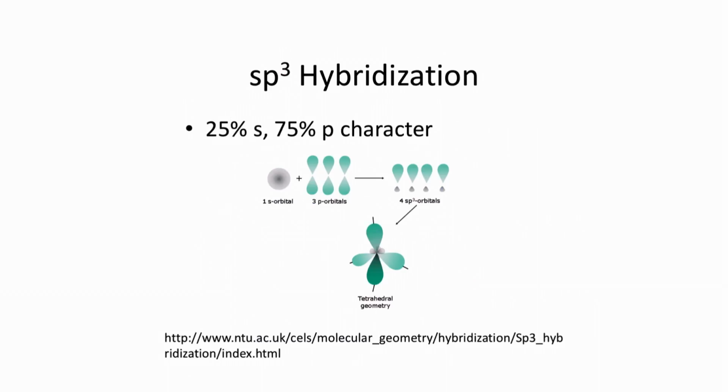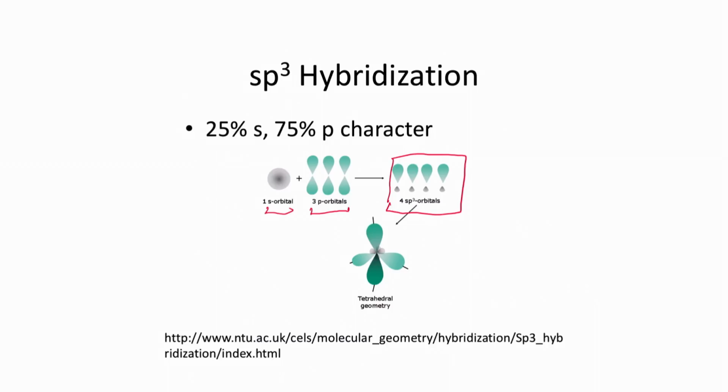Another possibility is something called sp3 hybridization. What happens in sp3 hybridization is you have one s orbital, just like we had before, and 3 different p orbitals, but we're going to use all 3 p orbitals. So since I have 4 atomic orbitals to begin with, I have to have 4 hybrid orbitals to end up with.